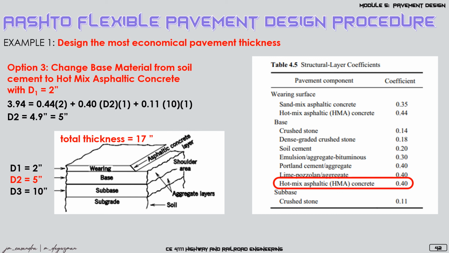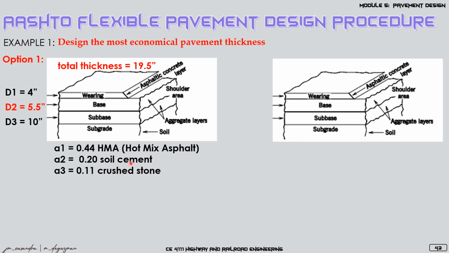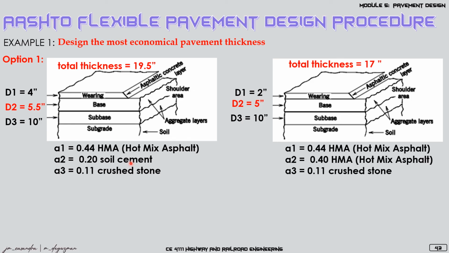So, basically, between options 1, 2, and 3, the remaining choices will be option 1 with 4, 5.5, and 10 since ito yung sumusunod doon sa given natin sa problem, and then we also have option 3 with a different material for D2.